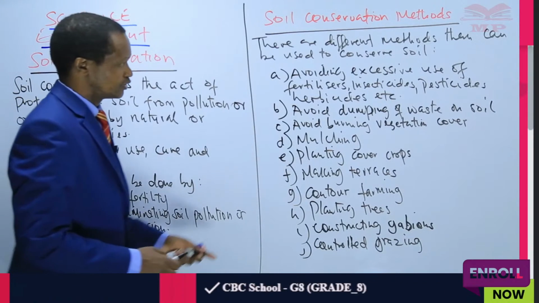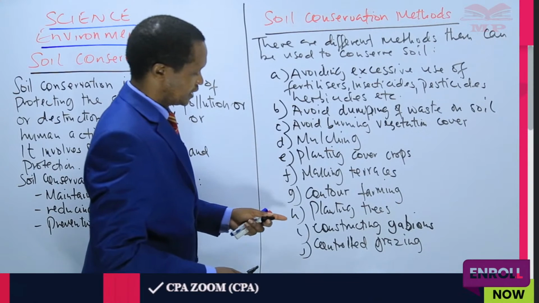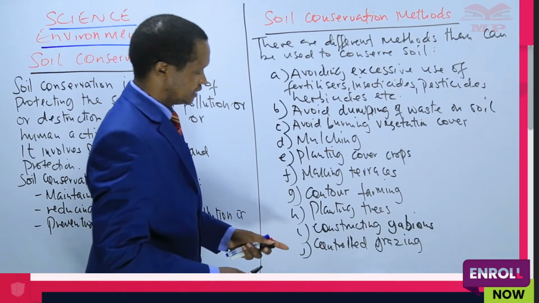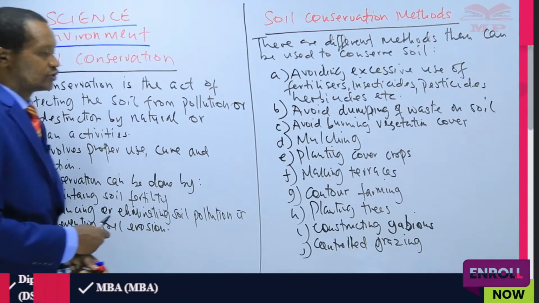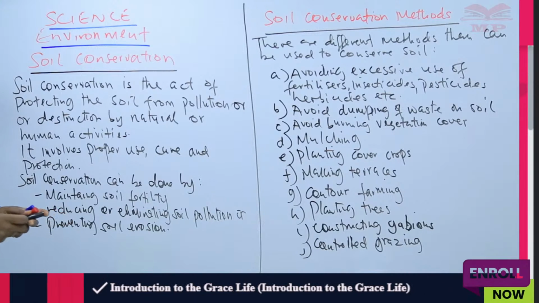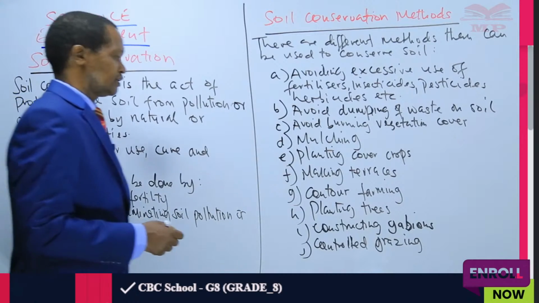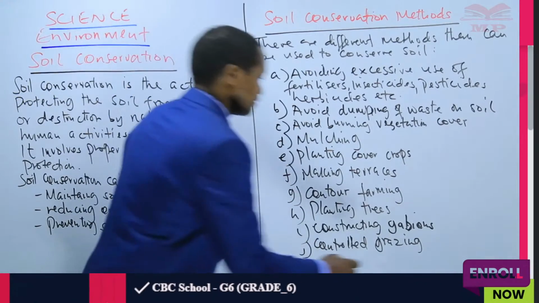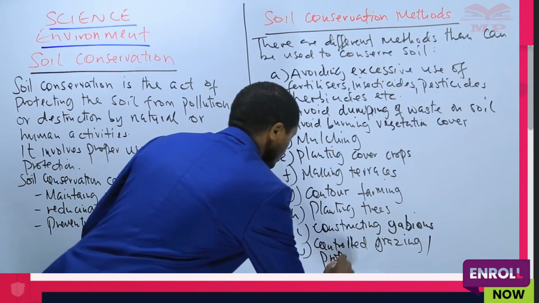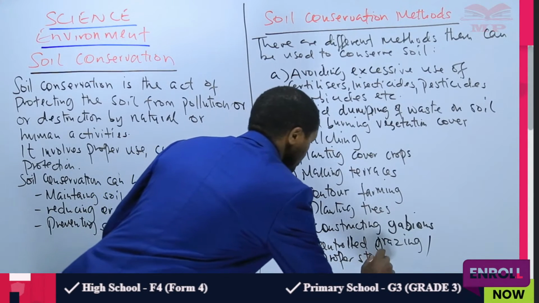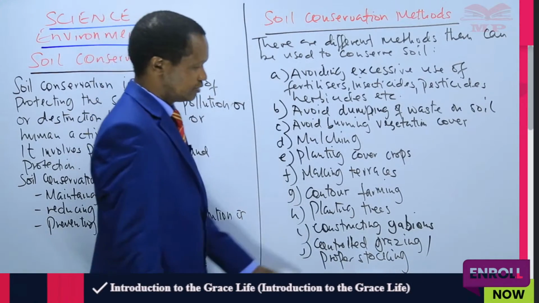So how many methods are they? 1, 2, 3, 4, 5, 6, 7, 8, 9, 10. Controlled grazing, learners, can also be known as proper stocking. Let's write: or proper stocking.